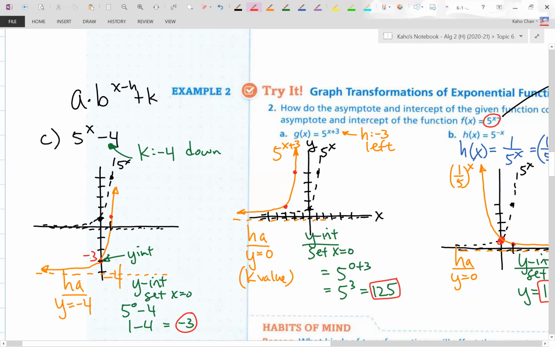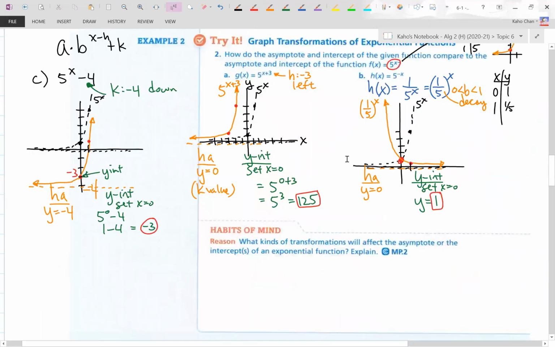Woo! Crazy. So the habits of mind, if there are any questions, let me know at the bottom here. What kinds of transformations will affect the asymptote or the intercepts of an exponential function? Intercepts are affected by A's, H's, and K's.